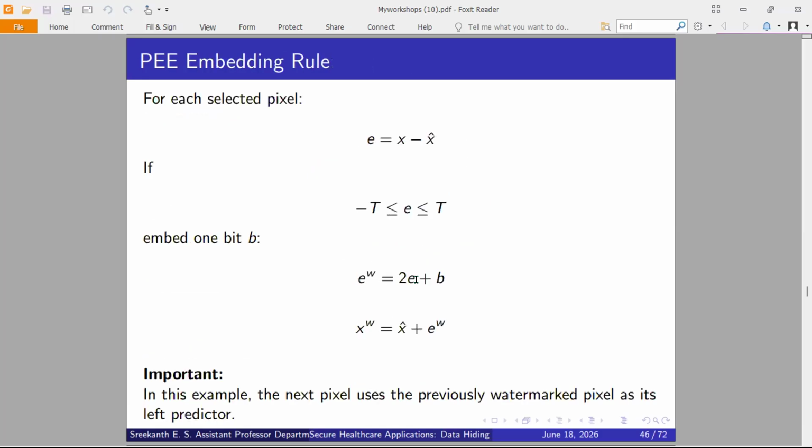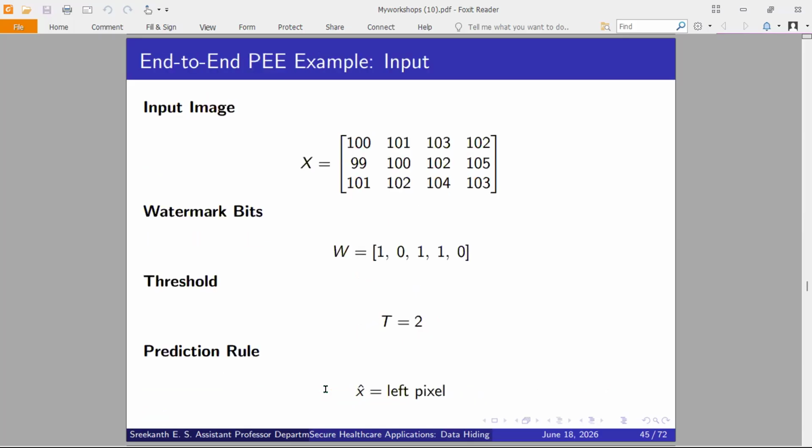So you are using the methodology that we learned before, that is the prediction error expansion. Data embedding is pure engineering. How we can improve the prediction is the only thing we need to deal with.